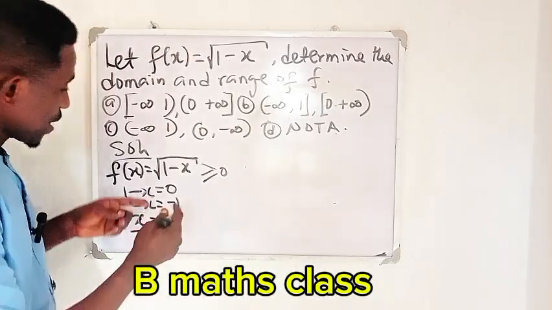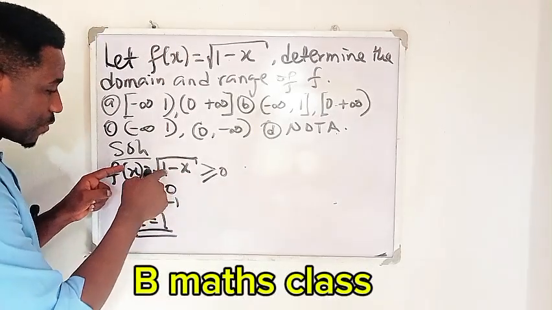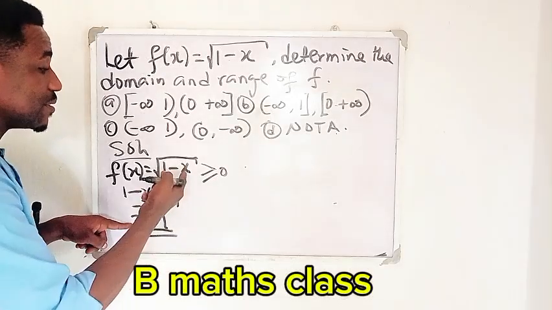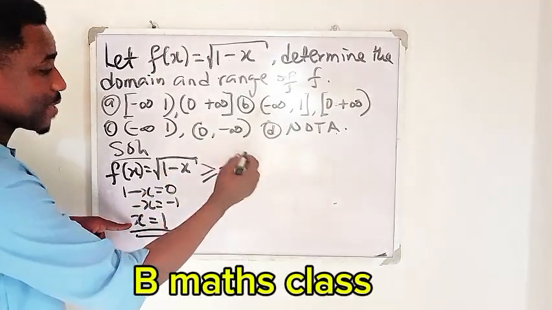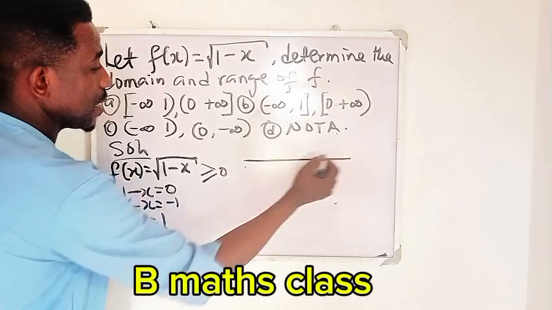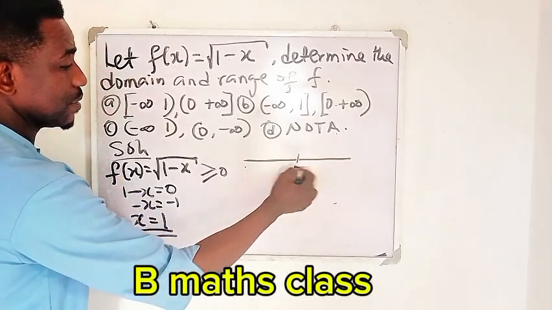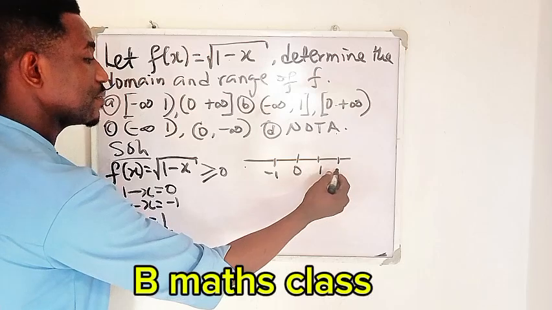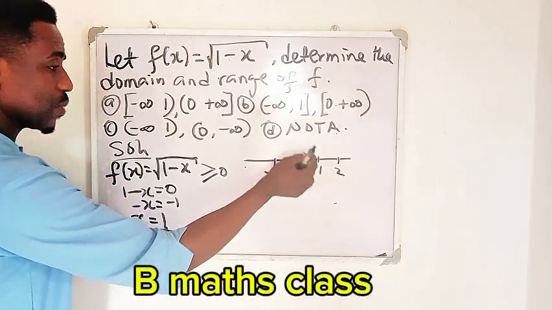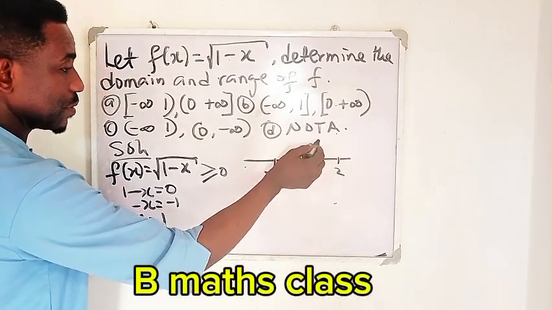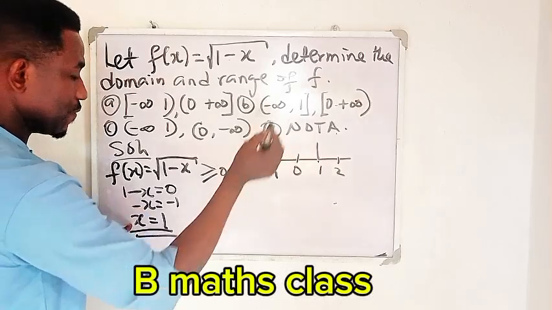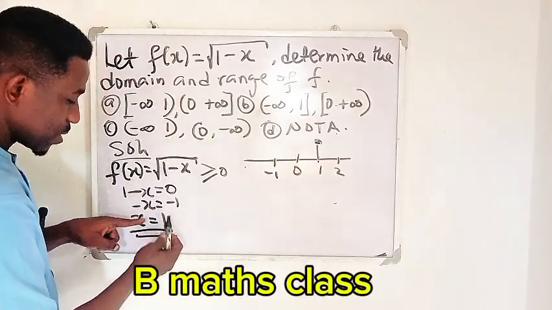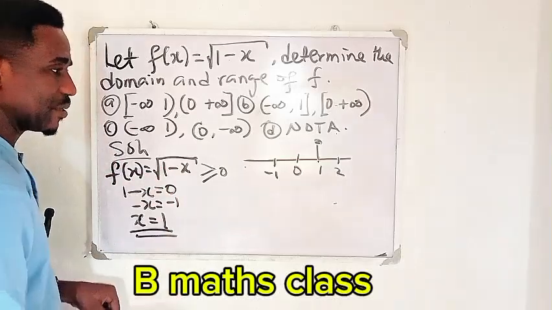Let's take, for example, if you put 1, this is the 0 of the function. If this is the 0 of the function, it is included, so you shade it. So x equal to 1 is a member, you shade it.